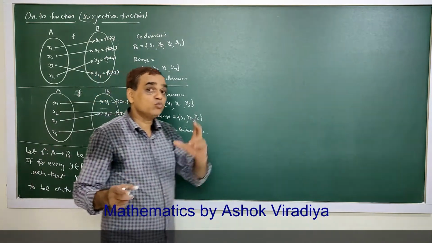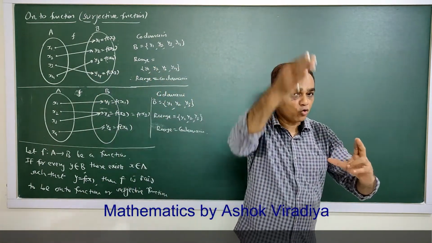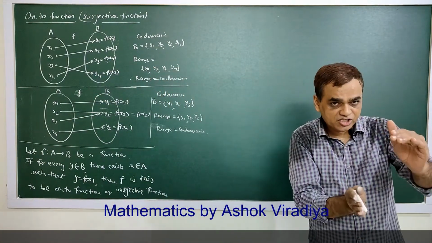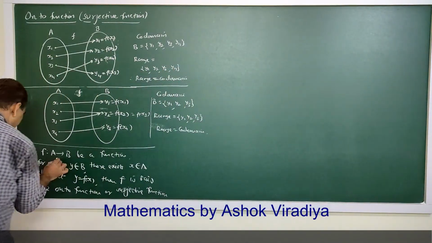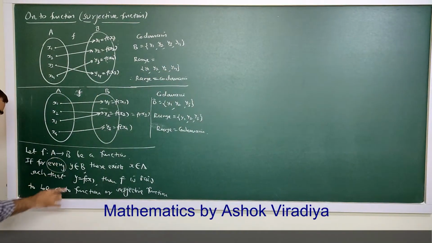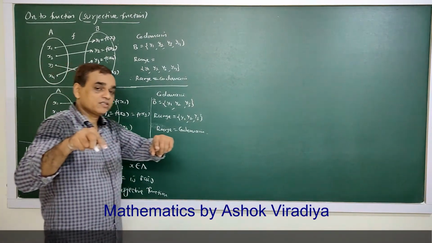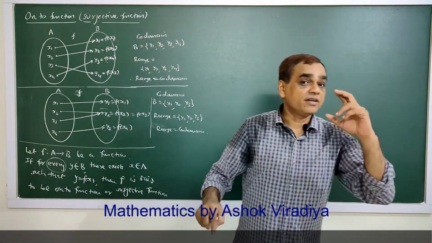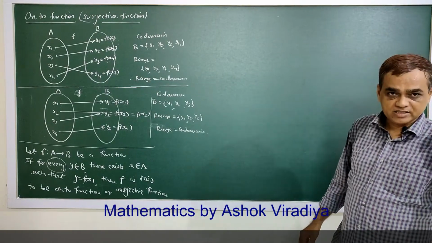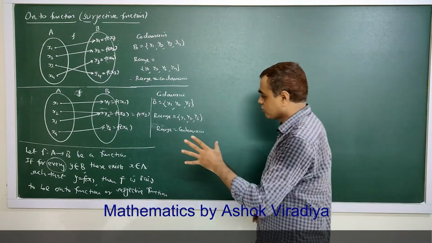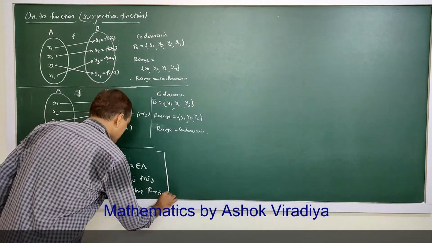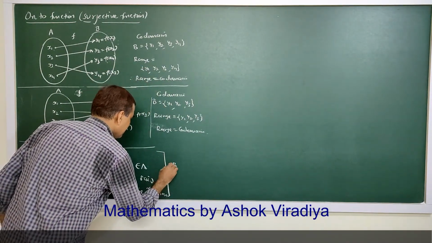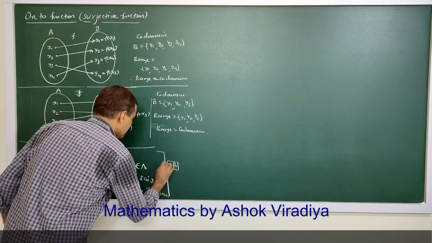Every element of codomain is an image. So this word is very important: every element of codomain is an image. That means range equals codomain. So this definition can also be written in other words.